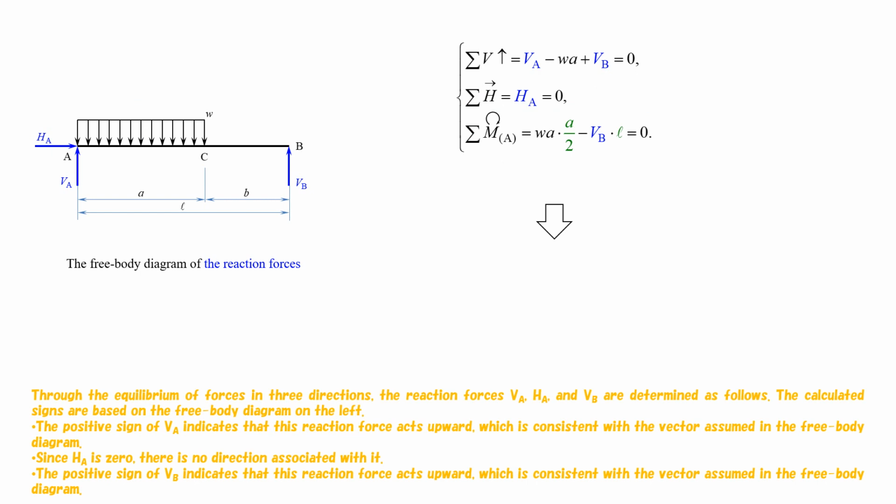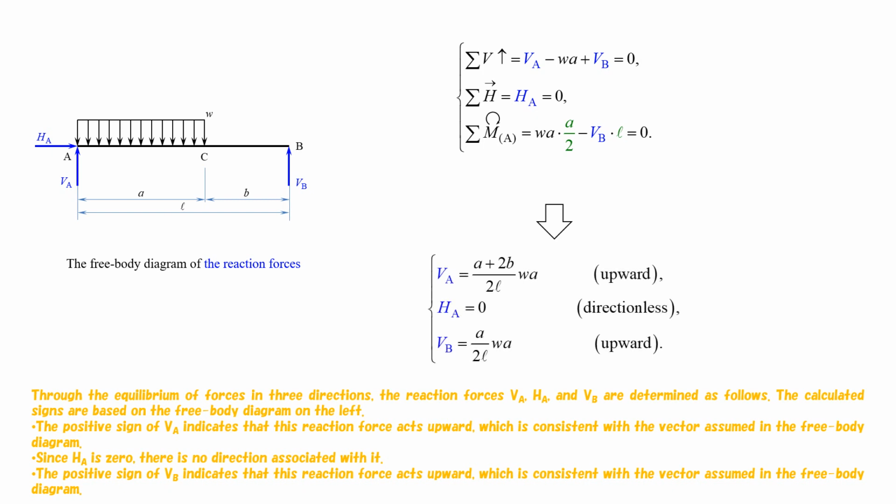Through the equilibrium of forces in three directions, the reaction forces VA, HA, and VB are determined as follows. The calculated signs are based on the free body diagram, on the left.